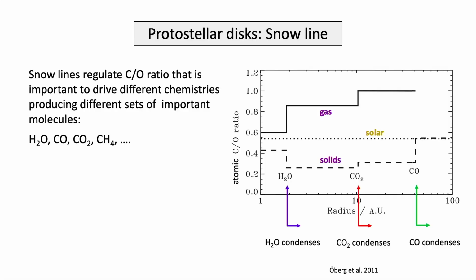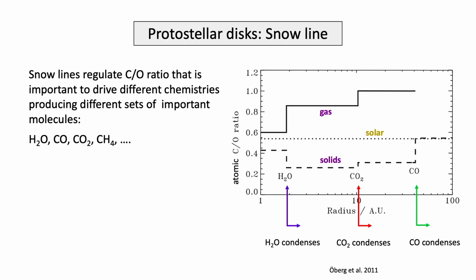Why does this have consequences for planets? This is a quite simple example, but I think it really illustrates what is important here. This is radius, distance from the star. That is the important C/O ratio, the abundance ratio of carbon compared to oxygen. It's not about atoms or whatever. It's the total number of carbon atoms in any molecule divided by the total number of oxygen atoms in any molecule.